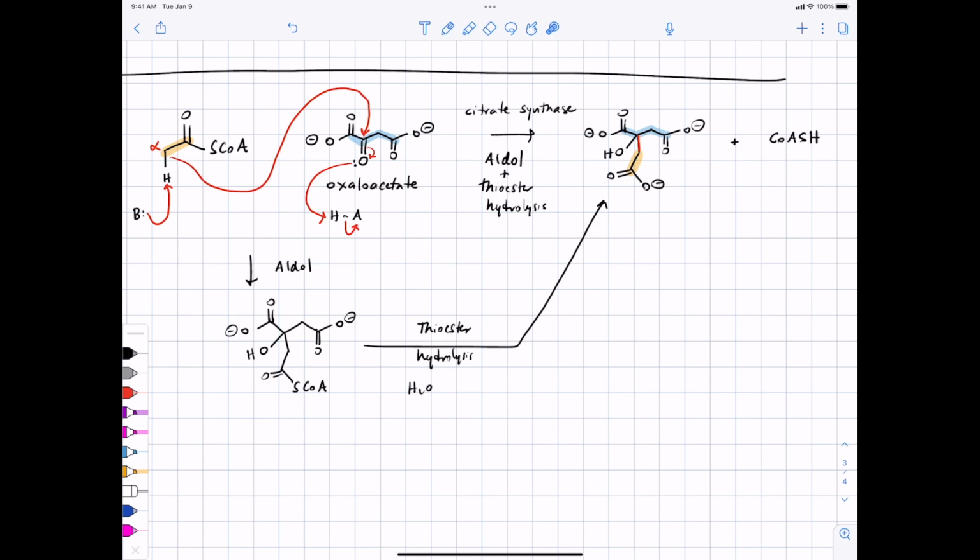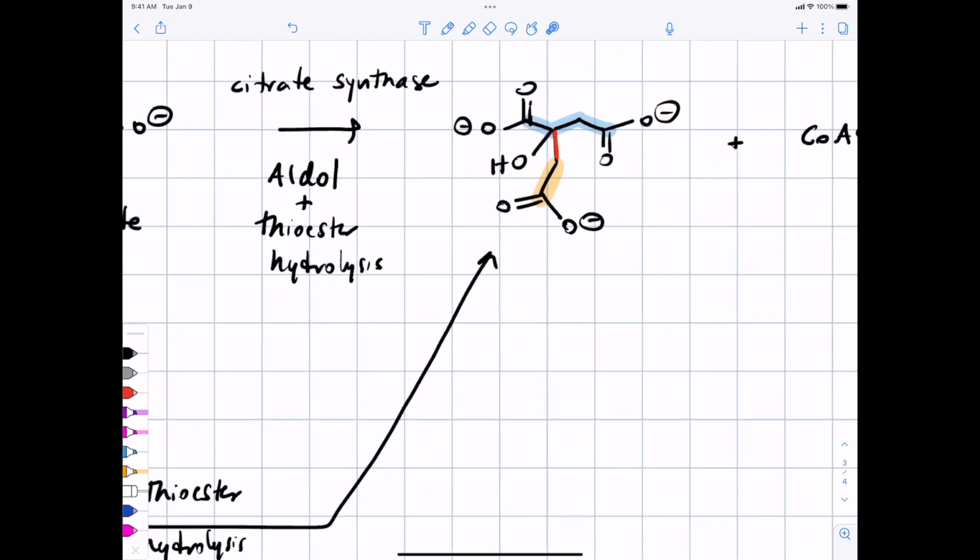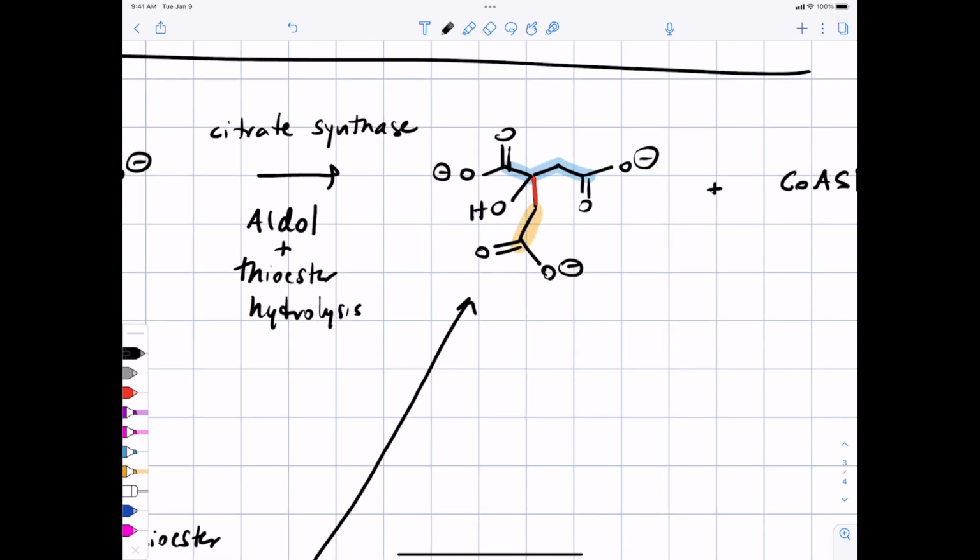Now, here's a source of potential frustration. It would be nice if we could follow through these 2 carbons from acetyl-CoA and watch them individually get removed as CO2. And you could do this actually via isotopic labeling experiments if we had particular C13 or C14 acetyl-CoA. Problem is, take a look at the structure of citric acid, or citrate, that we just made.